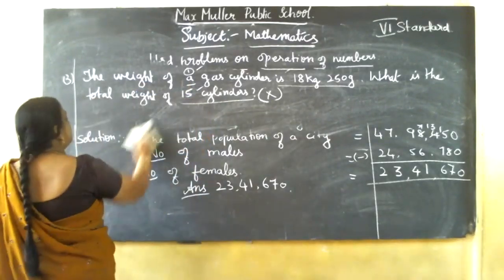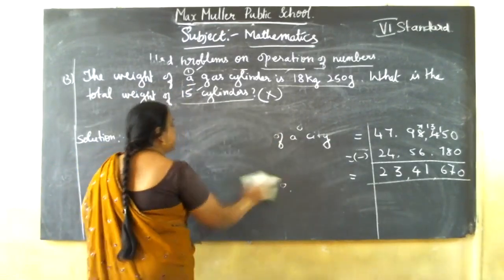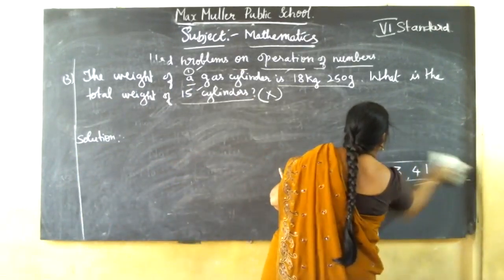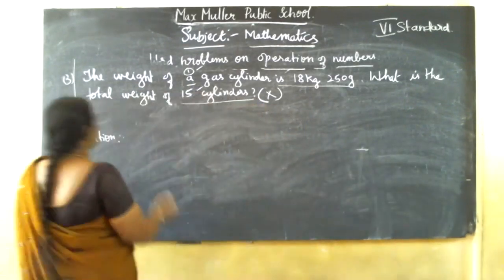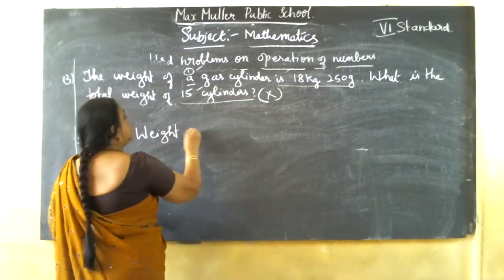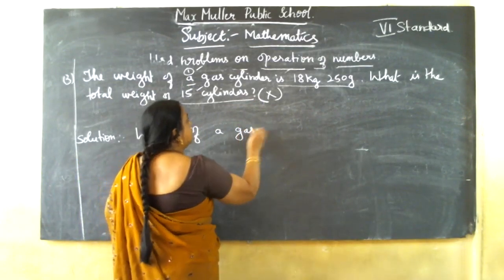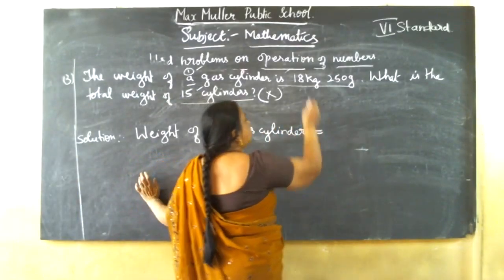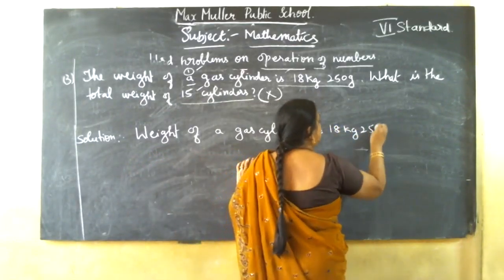So, how to frame the sentence? First, weight of one gas cylinder equals 18 kg, 250 grams.